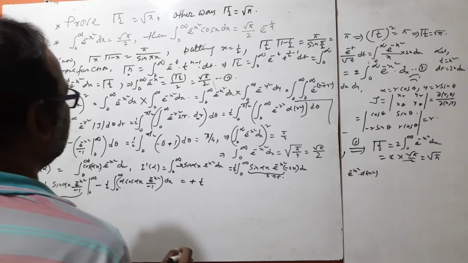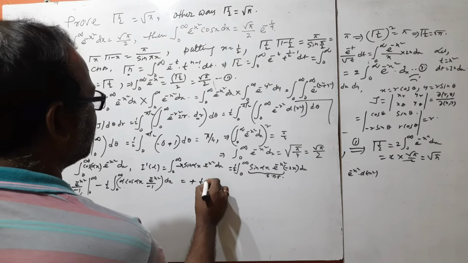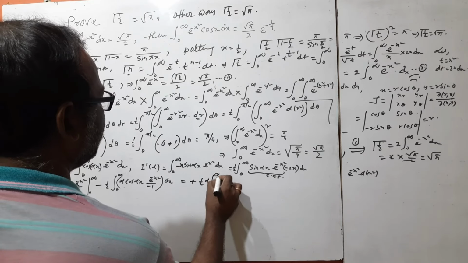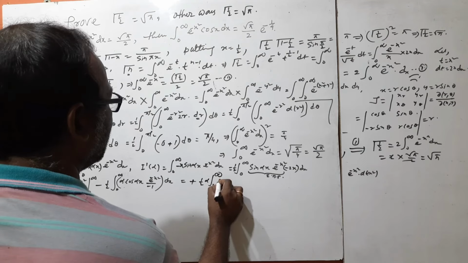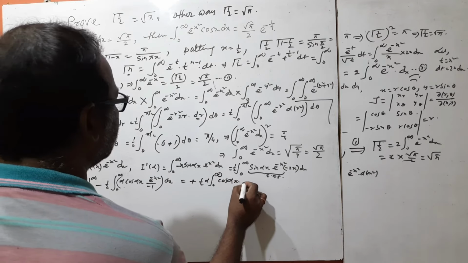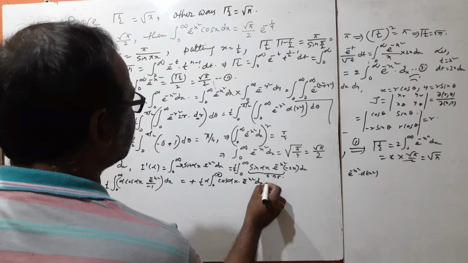Okay, then we got here minus alpha, minus minus plus. So this is alpha into the integral from 0 to infinity of cos alpha x into e to the minus x square dx.